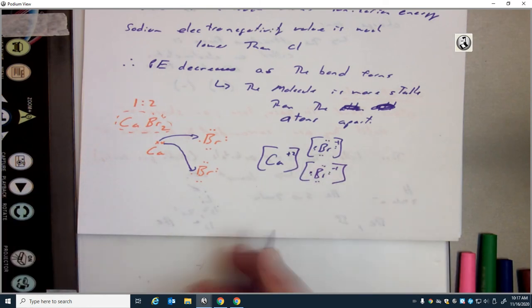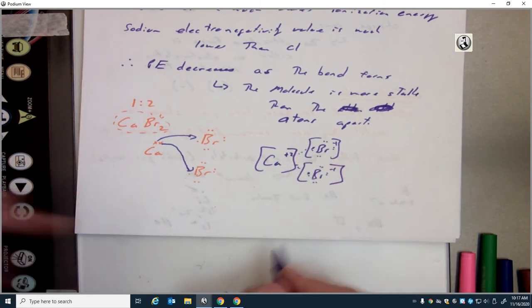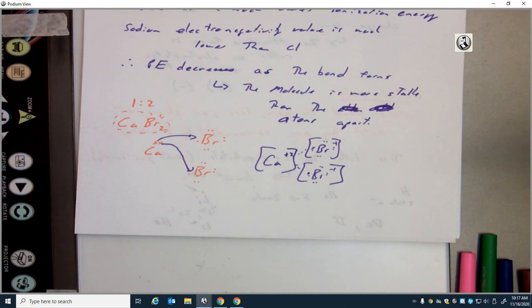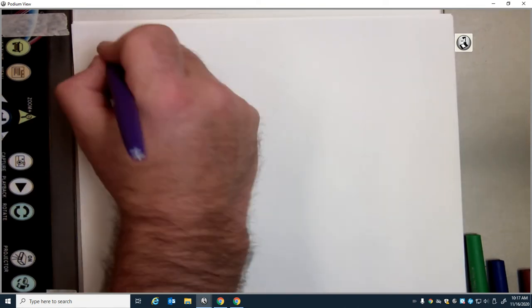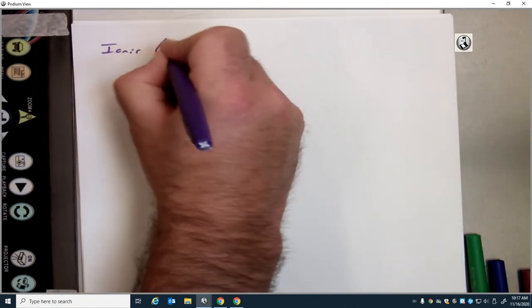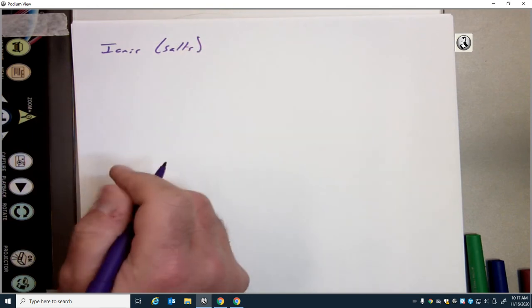Okay, now what holds this whole thing together? Well, we have these electrostatic attractions again. Now, our ionics. Remember, these are mostly our salts.